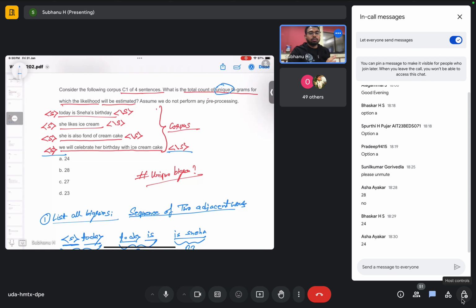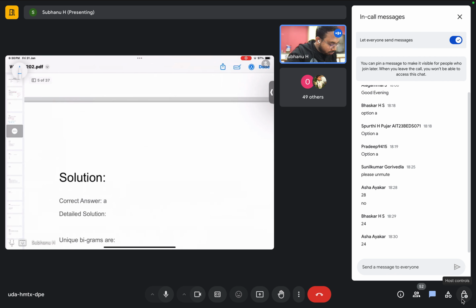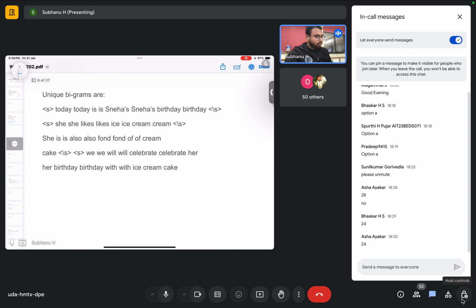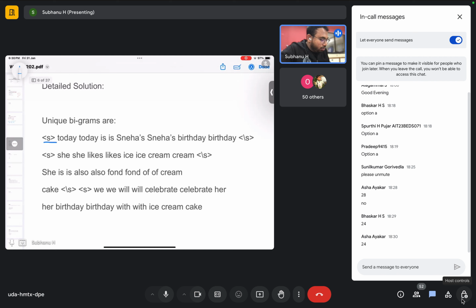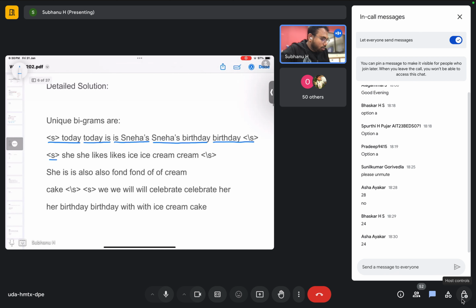So I think you have given the answer. Let's try it out. I have also tried to write it down in this manner. So my findings were like this. This is start, today, one. Then "is", "Sneha's birthday is". Okay, like this. "Ice cream", "cream ice".